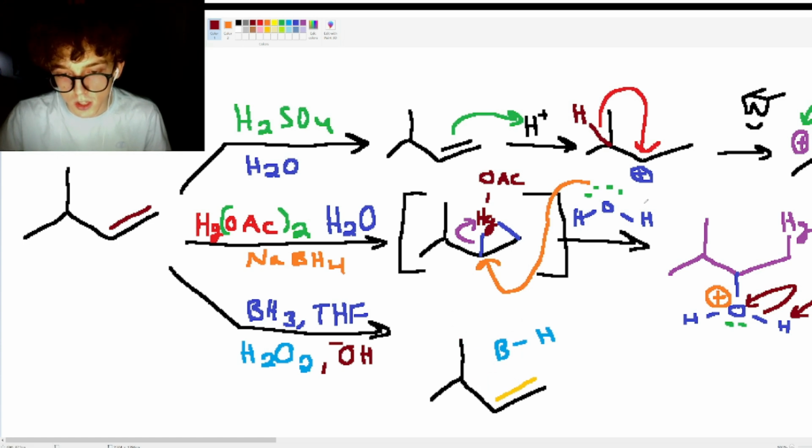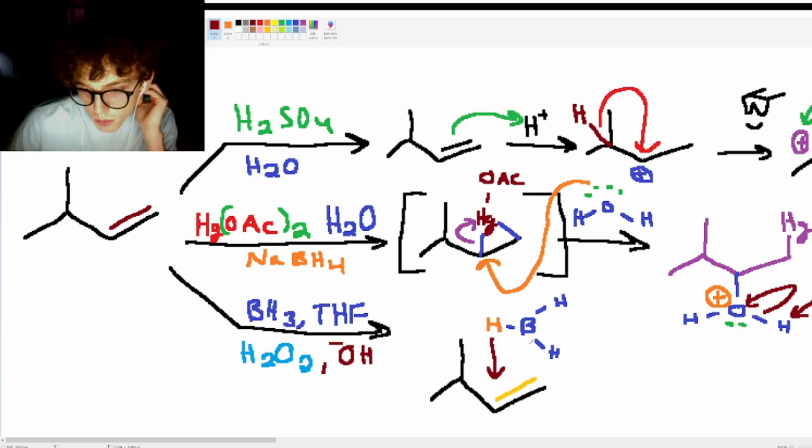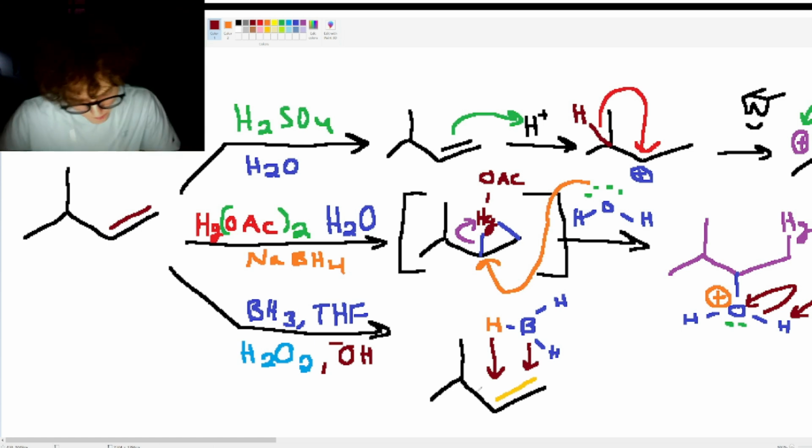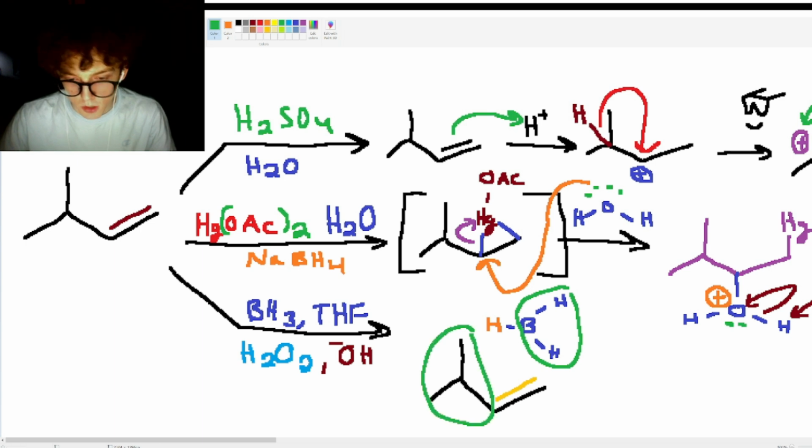So if this molecule is going to have any sort of successful reaction, it's going to want to do so in a way where it's not going to be repelled due to steric hindrance. So I'll just draw that special hydrogen this way. If we look at our steric interactions now as the molecule approaches that alkene, we notice that we have just a little itty bitty baby hydrogen approaching this big fat bulky side. Now that's not good, but it's better than a bulky BH2 approaching a big hydrocarbon.